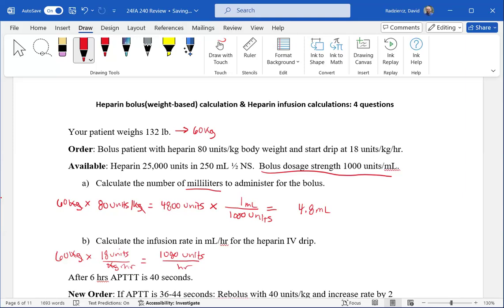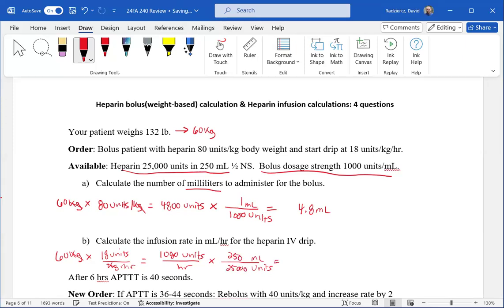And then we're going to convert units per hour to milliliters per hour. This is very similar to what you're doing with your heparin and your insulin infusions, where you're just converting units per hour to milliliters per hour. We're going to use what we have available in the IV, which is the 25,000 units in 250 ml. So I'm going to get rid of units and convert to milliliters, 250 milliliters over 25,000 units.